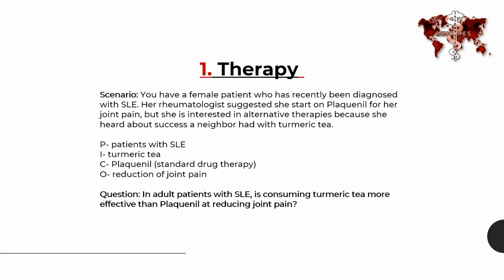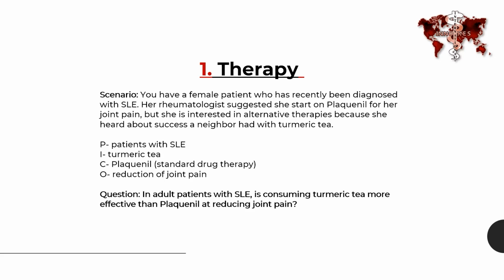So basically, when we apply the PICO, the P or population of interest here will be the patient with SLE. The intervention we want now is turmeric tea compared with the standard drug therapy, which is Plaquenil, and the outcome here is the reduction of joint pain.